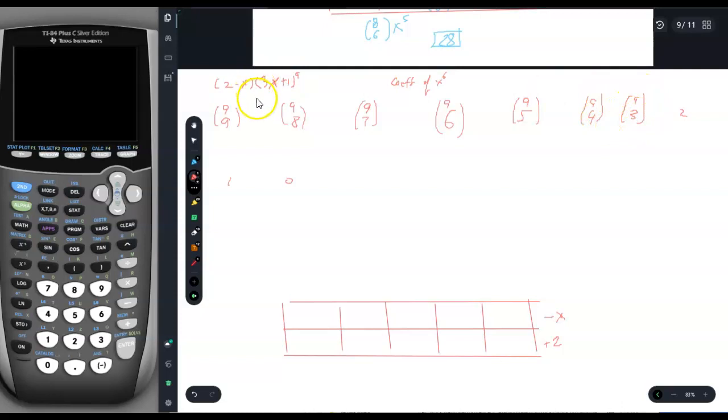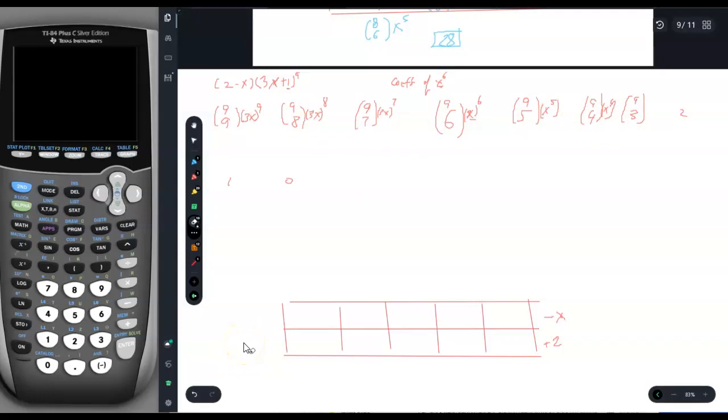Okay, and then we're going to do the a term, which is 3x. So we do 3x to the 9th, 3x to the 8th, 3x to the 7th. Actually, I'm making a mistake here because I don't really need to do the 3 yet, right? I'm just going to do x for now. x to the 6th, x to the 5th. I'm not doing the 3 because I'm not going to fully develop every single term.